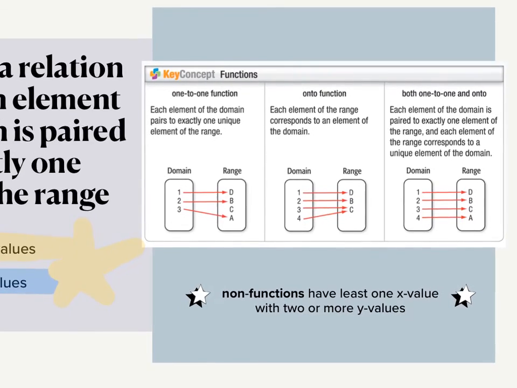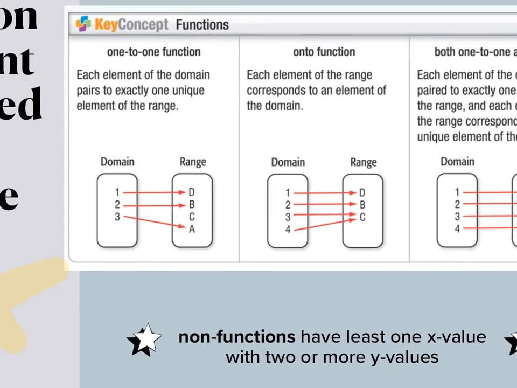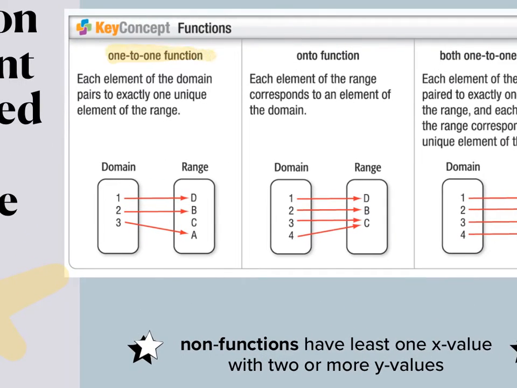If you notice the difference, in one-to-one, for every single thing in the domain, it has its own thing in the range. In onto, we have two things in the domain that point to one thing in the range, so that makes our function onto. So when two things in the domain have the same range.